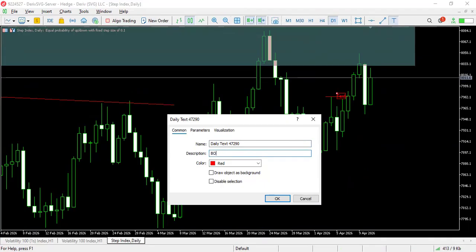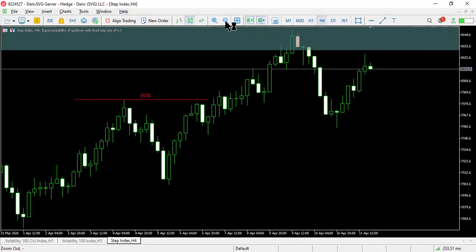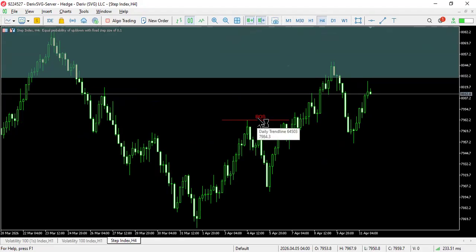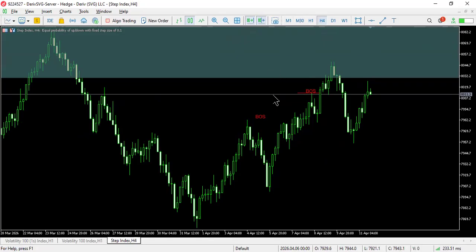And then moving over to the 4 hours, you can see the price action clearly, where we have a break of structure right at that level, which was the last break of structure before price stepped into that supply zone.